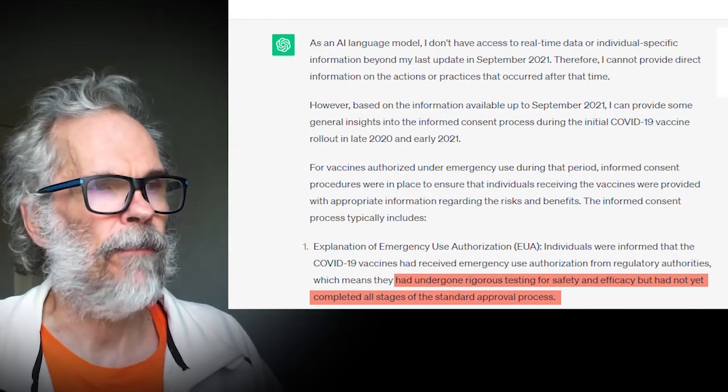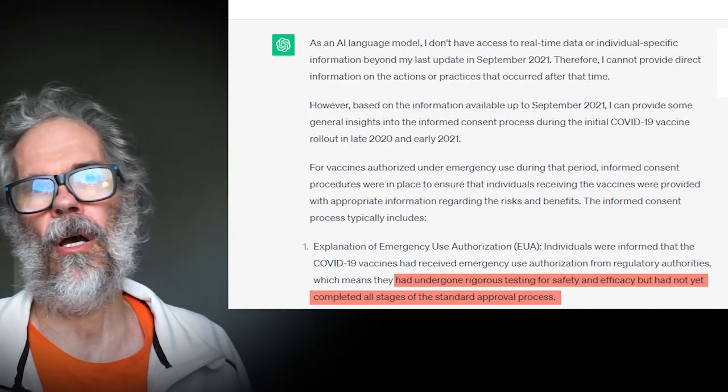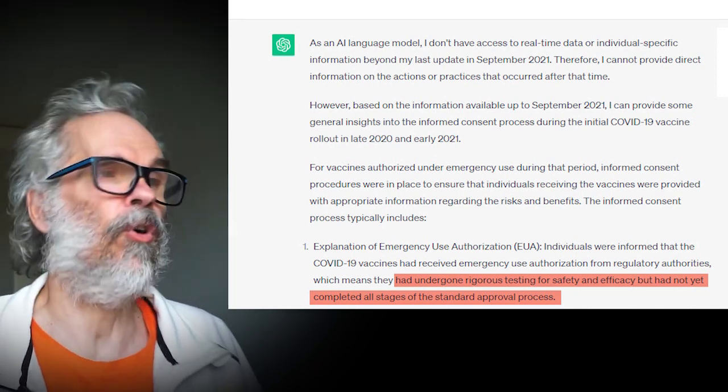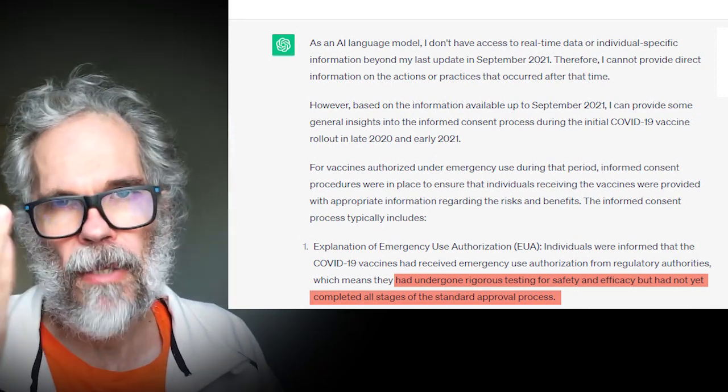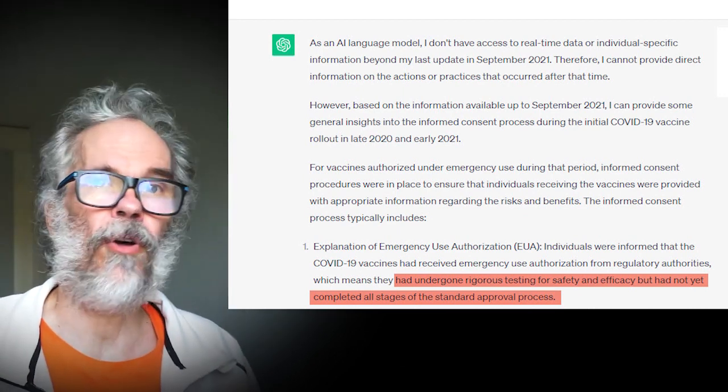Now, anybody who took the first two COVID vaccines, or who was offered and maybe refused to take them, were you informed about these things?